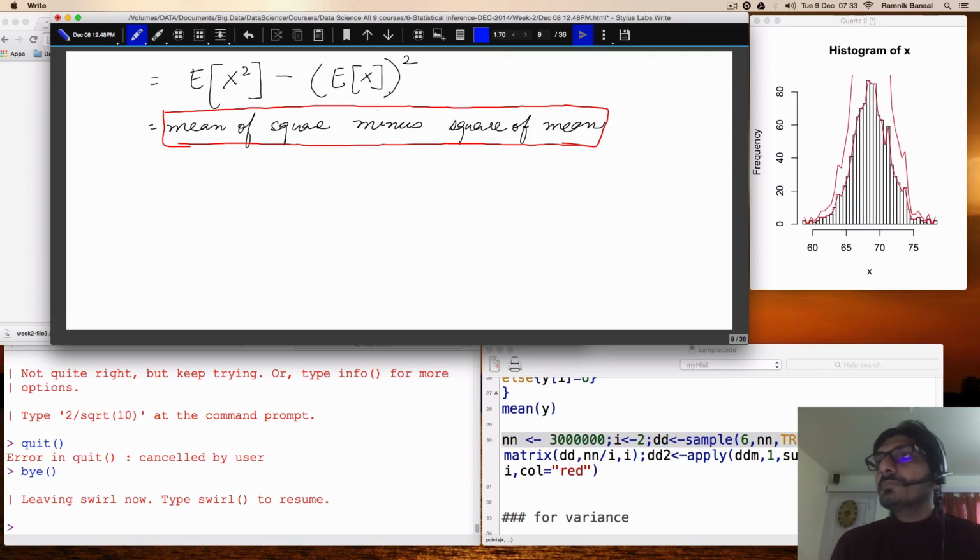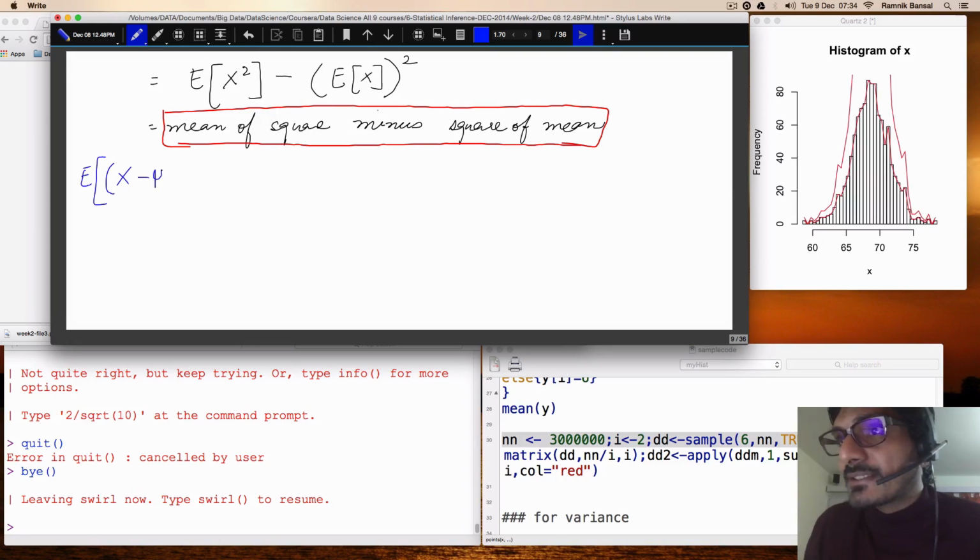Shall I expand this and solve it for you? We are interested in the expected value of, need the square brackets here, x minus mu the whole square, right?